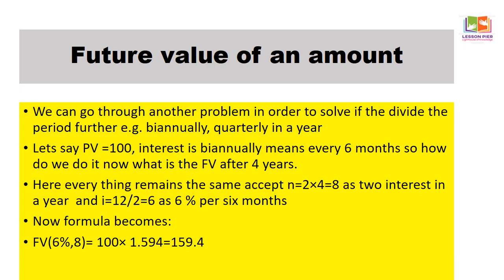So 12% divided by 2, after every 6 months, because after every 6 months we'll have to pay 6% on that, right? So the formula becomes future value at 6% with n 8 equals 100 multiplied by 1.594. It's nearly the same but a little higher than the annually compounding.